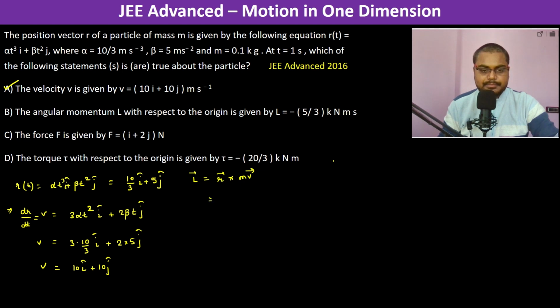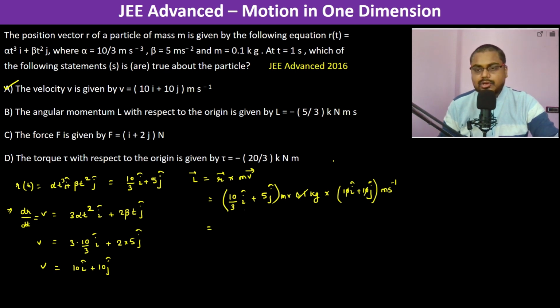So R is 10 by 3 I cap plus 5 J cap, cross m, where m is 0.1 kg and R is in meters, into V, which is 10 I cap plus 10 J cap meter per second. So this becomes 0.1 times, and we have I and J only.